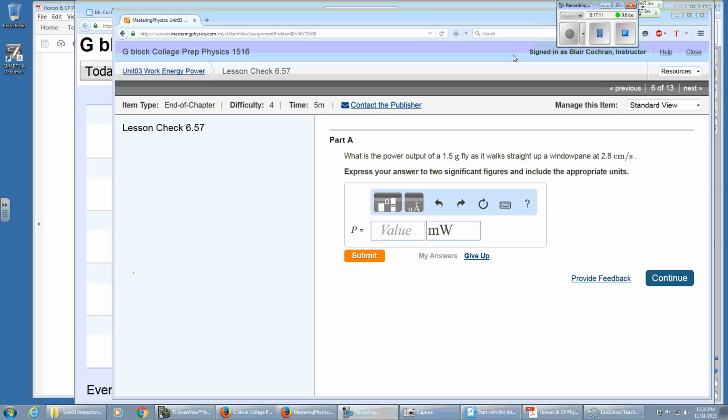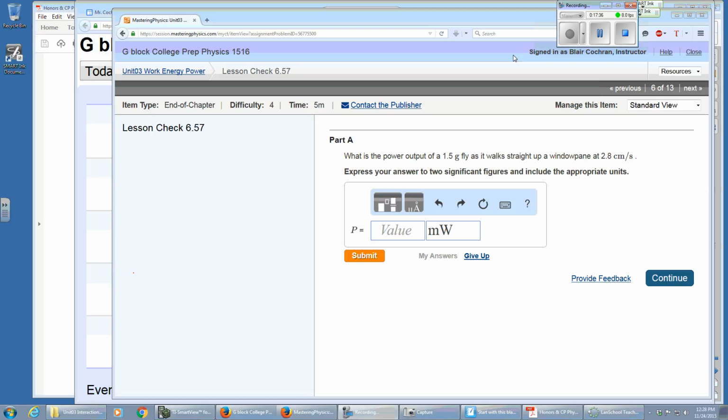They want to know the power of a fly walking straight up a window pane. Power is the rate that you do work, right? So is the fly going to do work going up the window pane? Yes. And this is where we make a decision about which way we want to look at it.